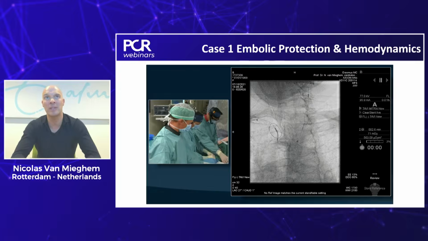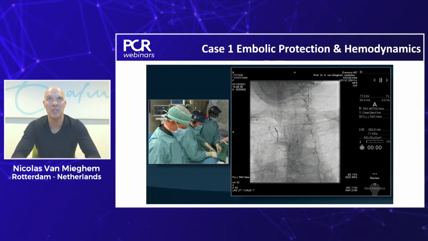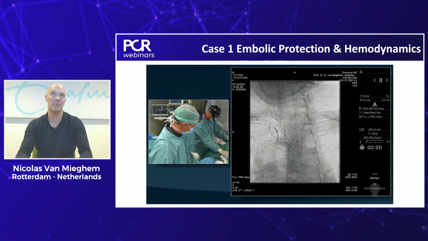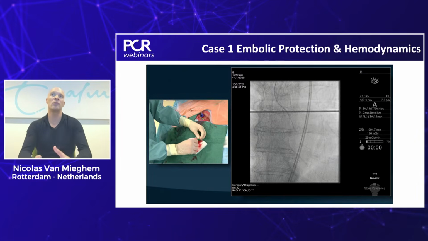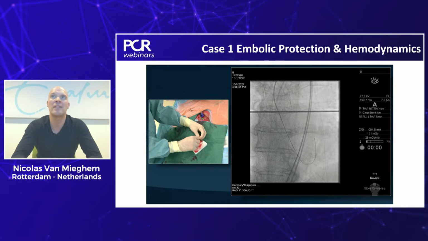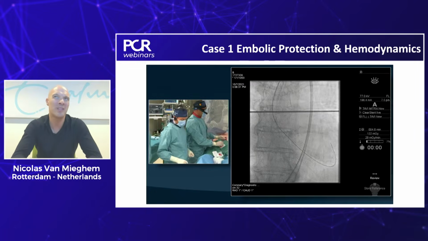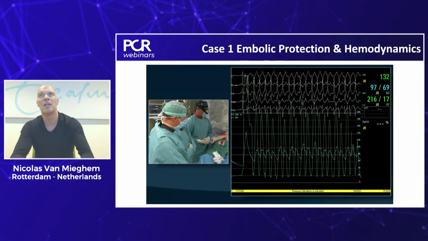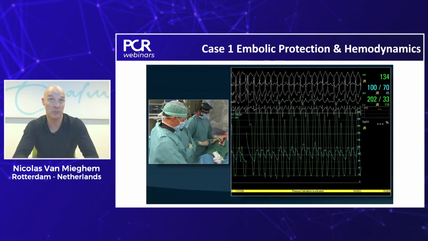So if they add complications and add complexity to the procedure, then we may want to think twice. I think from a planning point of view, based on a CT scan, we would exclude 20 to 25% of the patients just because we would anticipate a difficult deployment of those filters.